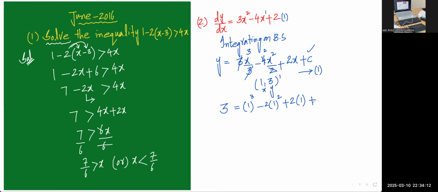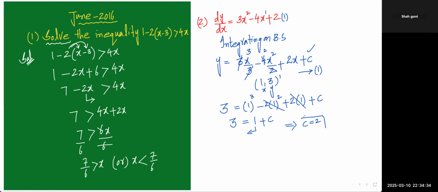If you simplify, what the value of c we must get here. 3 is equal to 1, I can cancel minus 2 and plus 2 here itself. If you bring that side, 3 minus 1 is 2. So we say that c value is 2.